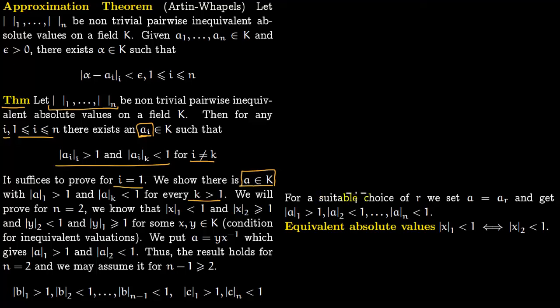So in fact we are going to construct some r like this, and if you set a equals a^r, we get the first absolute value is greater than 1 and all other absolute values are less than 1. And this you can do for any i, so the theorem would be proved.